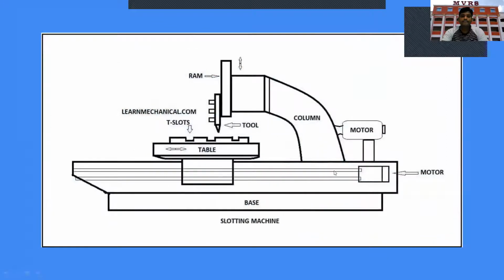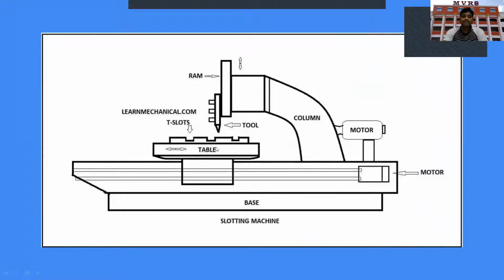So this is the slotting machine. You can see here the various parts that are associated with the slotting machine. This one is the base.